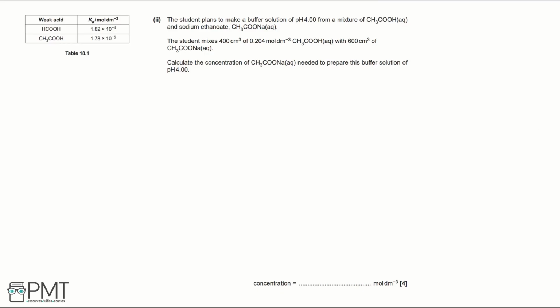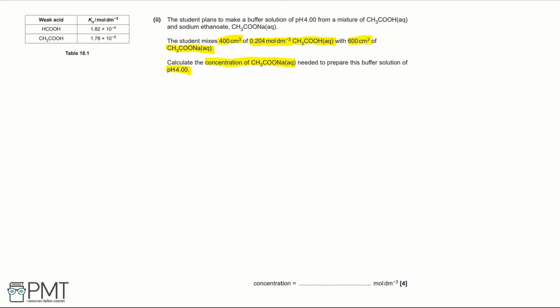So I've just copied across table 18.1 to help us in this question. But the first thing we need to do with this question is highlight the key pieces of information. So we've got 400 centimeters cubed of 0.204 moles per decimeter cubed ethanoic acid, 600 centimeters cubed of sodium ethanoate, a pH of 4, and we want the concentration of sodium ethanoate needed to prepare this buffer solution.